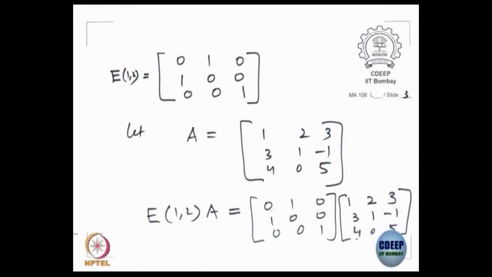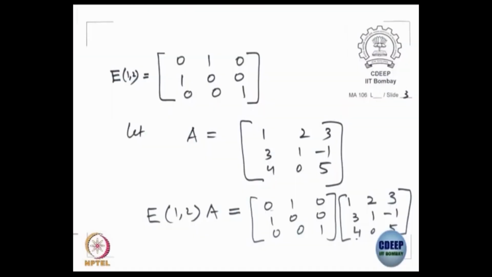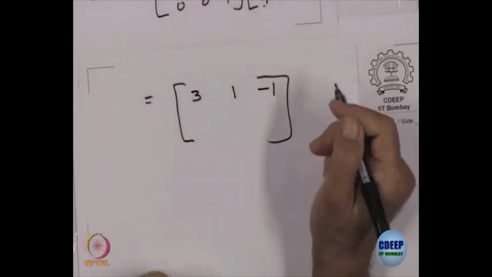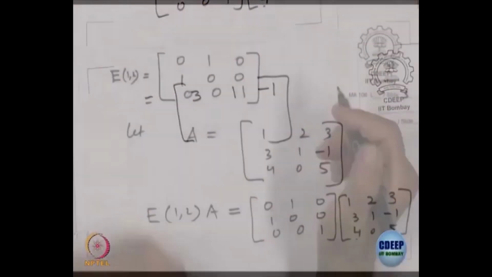What is the next one? 0 multiplied by 2 is 0, 1 multiplied by 1 is 1, plus 0 multiplied by 0. So, that is 1. What is the next one? 0 multiplied by 3 is 0, 1 multiplied by minus 1 is minus 1, and 0 multiplied by 5 is 0. So, that is minus 1. Is it okay?